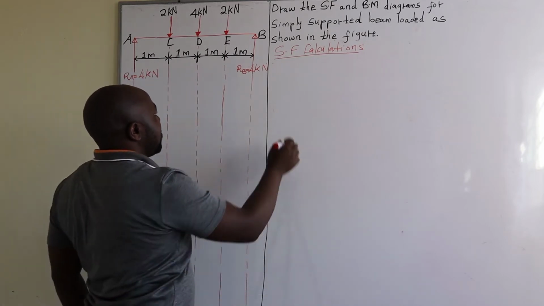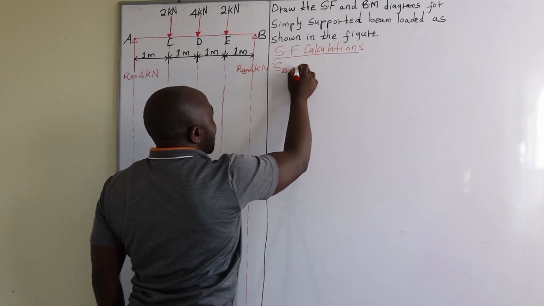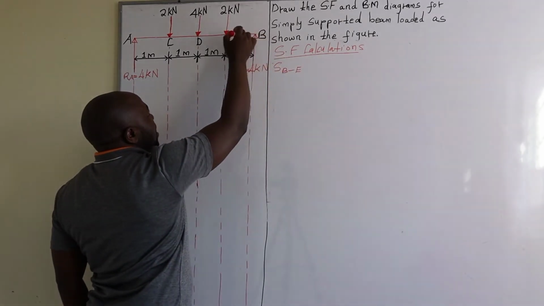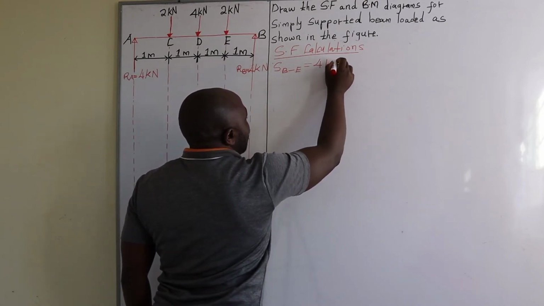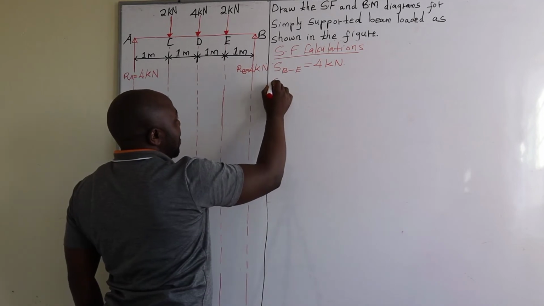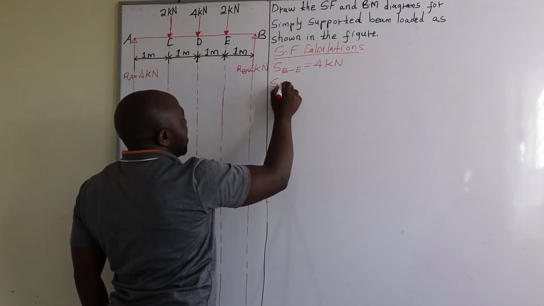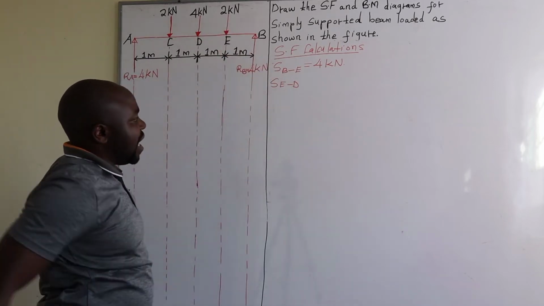So in this case, we are going to have the shear force between B and E. The shear force between point E and B is going to be 4 kilonewtons. From there we go to the shear force between E and D.